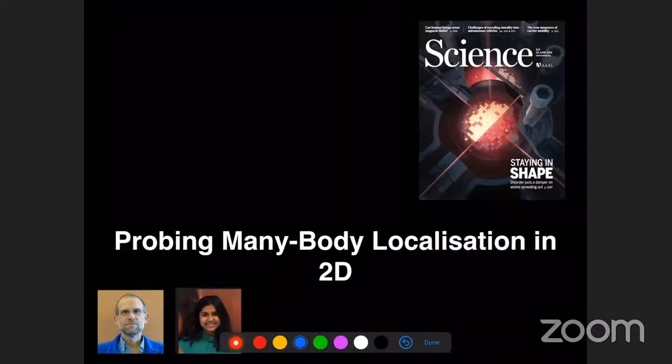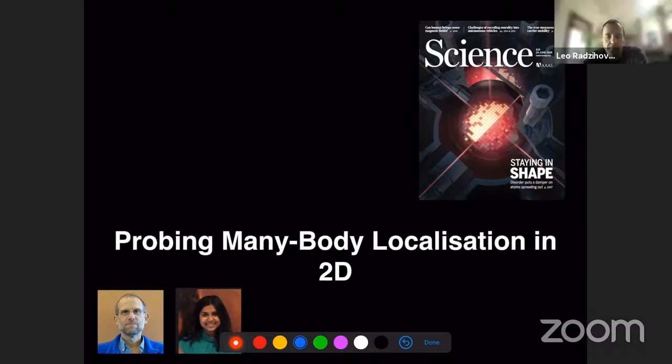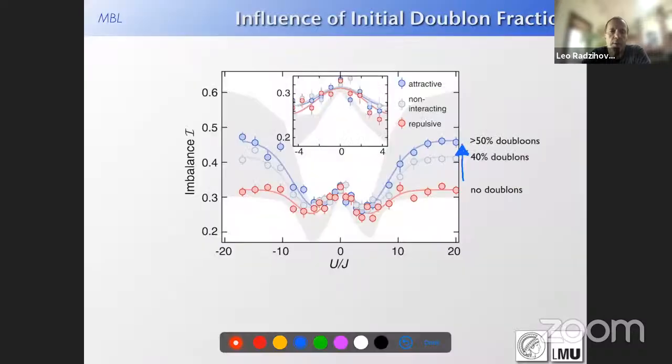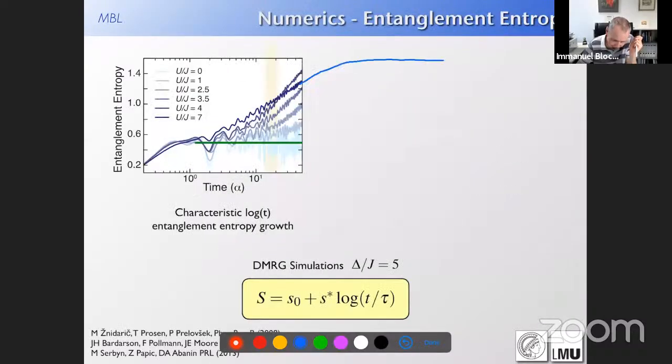Leo asks: is the cutoff of the volume law smaller than the thermodynamic one? Is the coefficient still smaller than the thermodynamic one? Yeah, that's a good question. I think this depends on the system. What you want to know is which value this goes to. Does it go to full volume? I think this depends very much on your initial state.